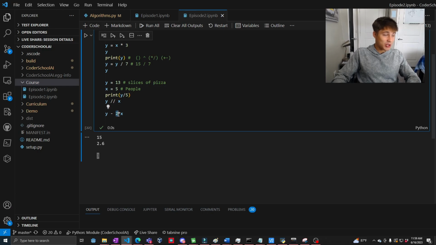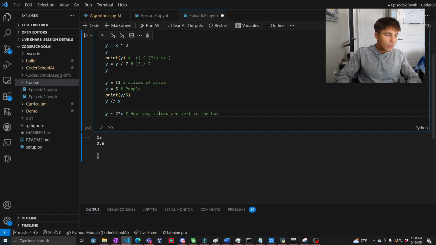Well, that's if we gave each person 2 slices, like we had previously. That's this number. Now we can see that if we divvied up the slices how we said we were, we'd have 3 slices left in the box. We could say this is how many slices are left in the box.